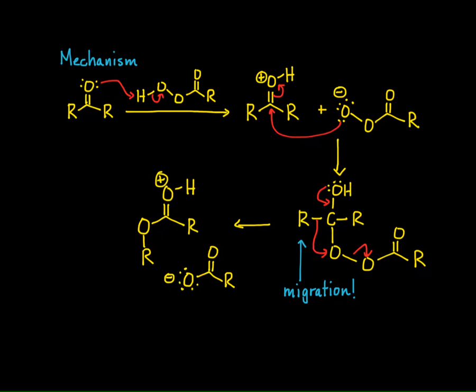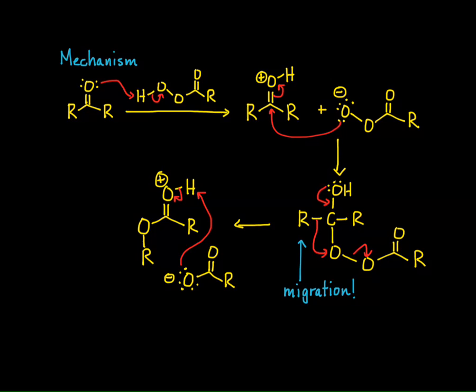Now we've reformed the carbonyl, right? That's still protonated. So that carbon still has the oxygen attached. The R group has migrated to the oxygen, so now we've created that OR bond of the ester. And of course we create the carboxylate that comes off of it.